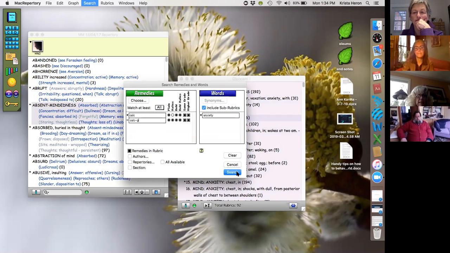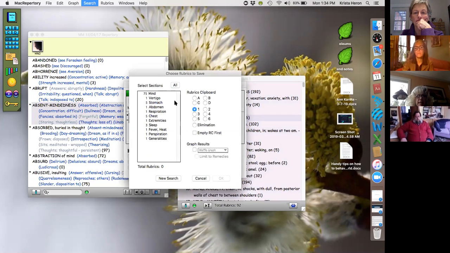So then I click on the search box. Now, see, there used to be 90 here, but now there's 75. It doesn't do us any good to put it in the same clipboard because we won't be able to compare them. You could put empty first, unless you want to keep them.